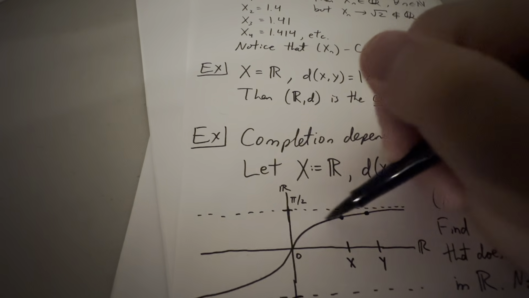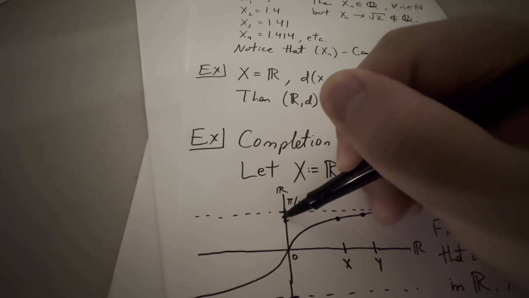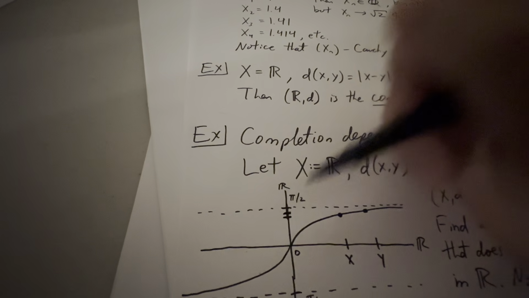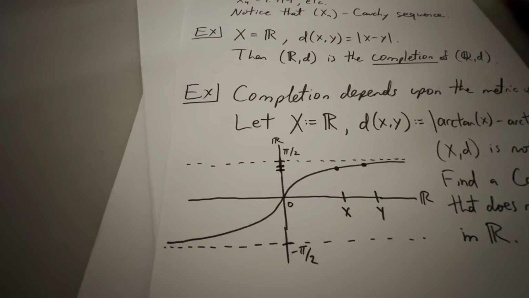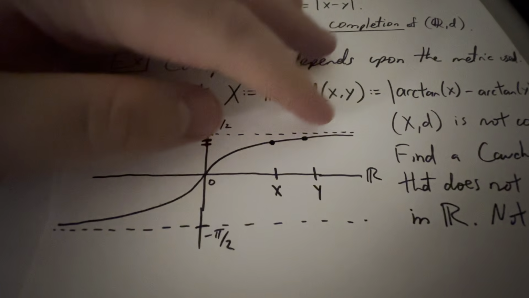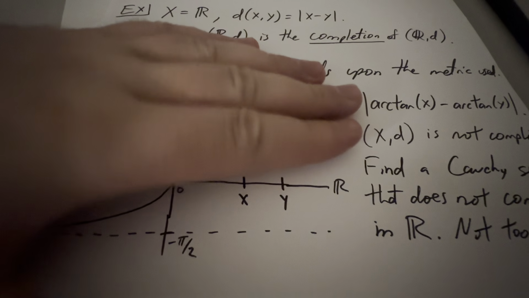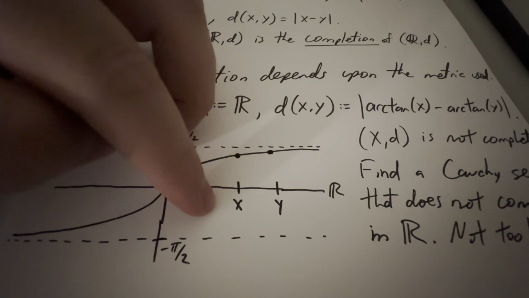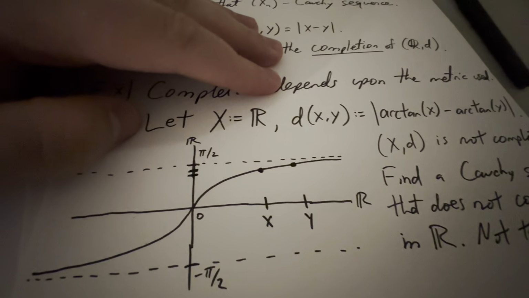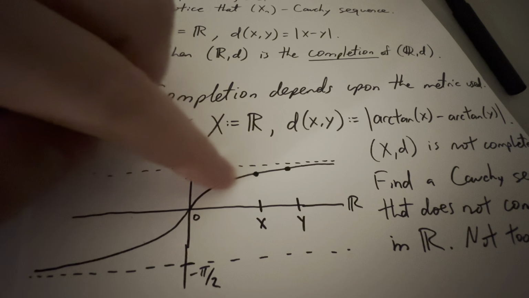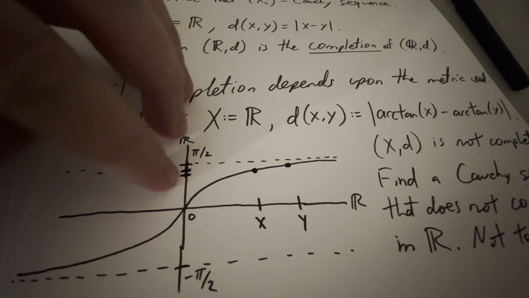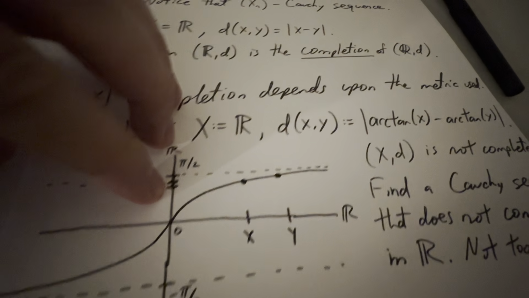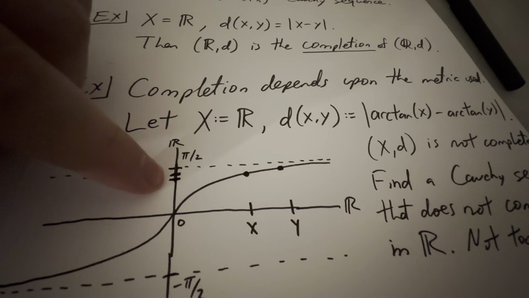And then I look at their usual Euclidean distance on the Y-axis. The Euclidean distance between X and Y would just be the absolute value of Y minus X. But if I use this metric, then I pass through this function first, and then I measure the Euclidean distance here. So you can see under this metric, X and Y are much closer.